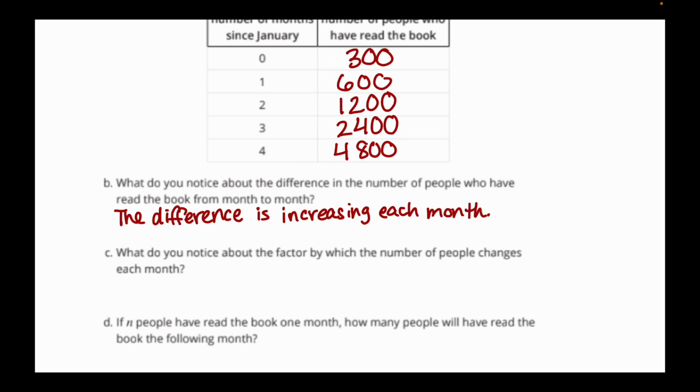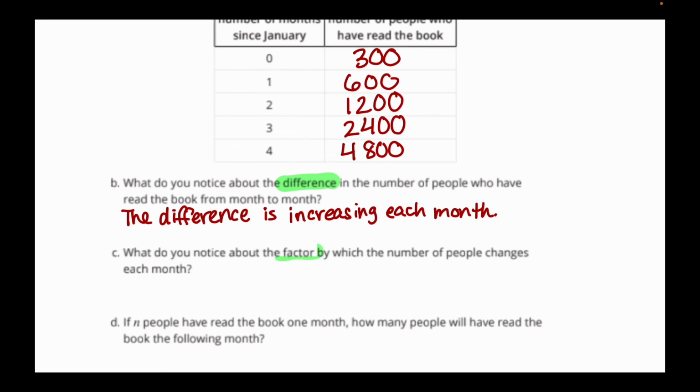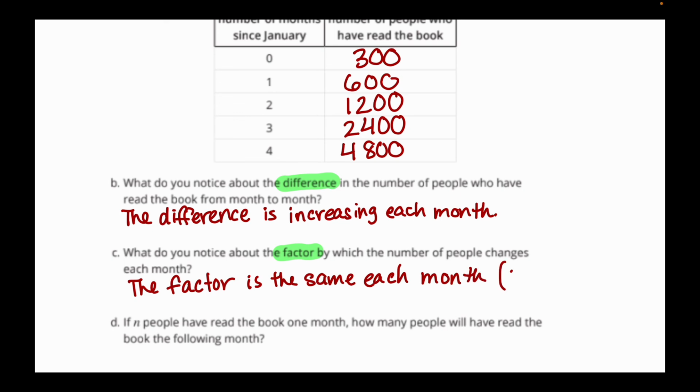Now it says, what do you notice about the factor, right? So this one, we said this was the difference. And this one is, what do you notice about the factor? In this case, the factor is going to be constant. The factor is the same each month, and the factor is 2.